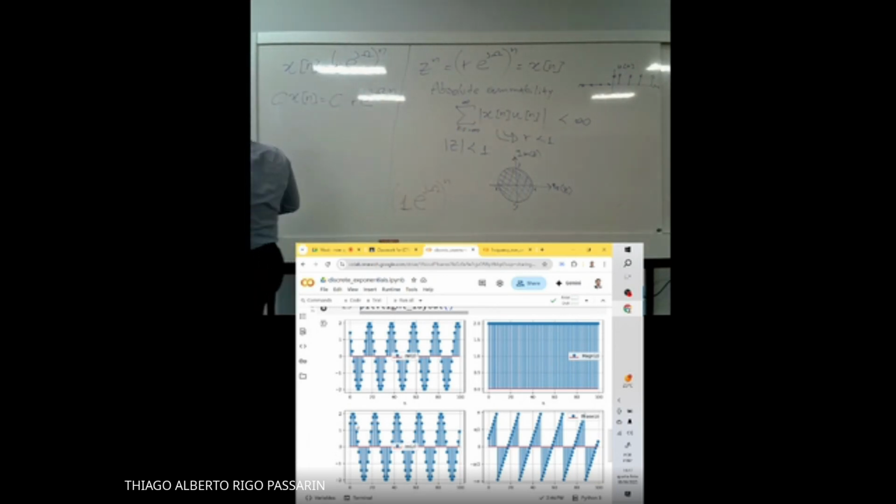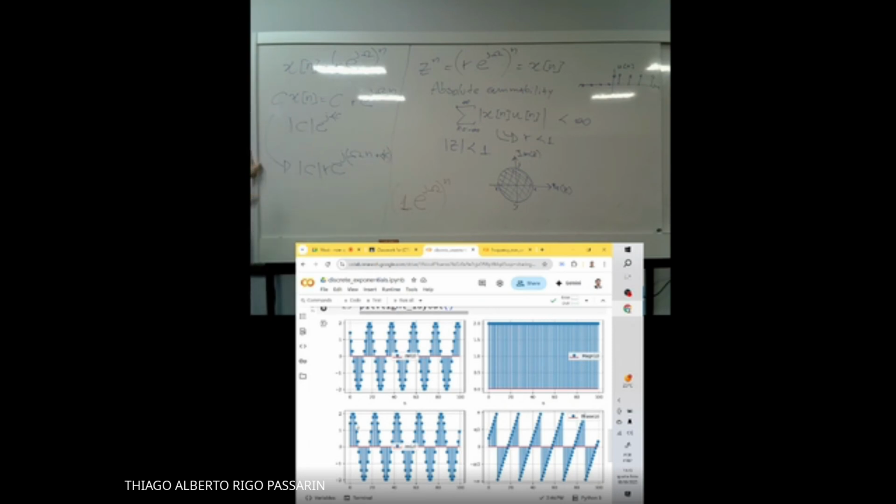So if we represent C as radius times e to the j angle of C, this amounts to absolute value of C times r e to the j (omega n plus the angle of C).